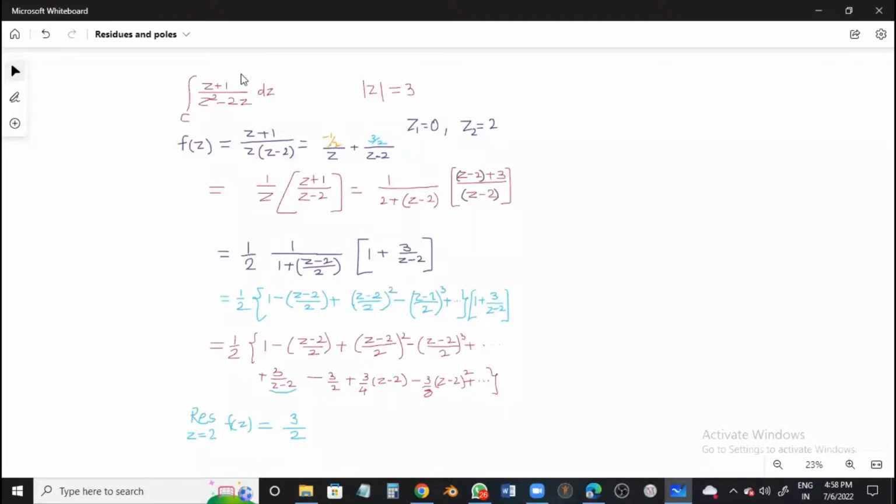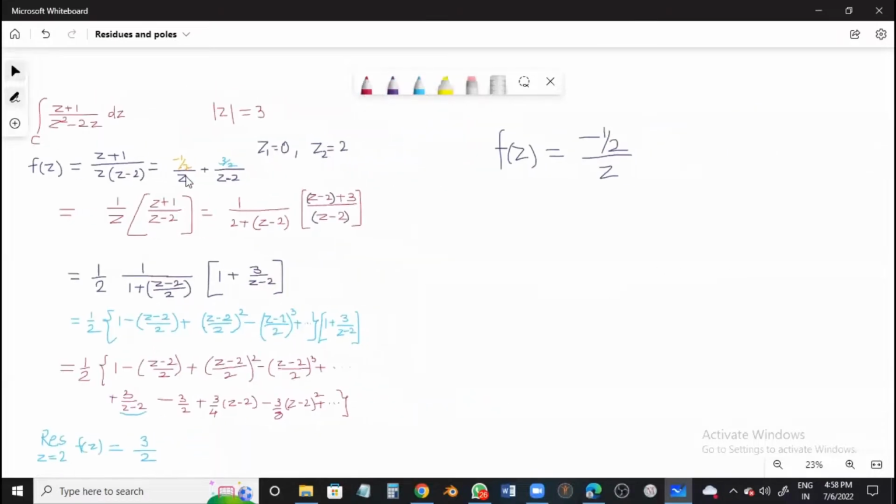So I can write the same f of z as minus half, which you have already calculated, upon z, plus 3 by 2 times, and you are taking minus 2 common from the denominator, so multiplied by minus 2, and I'm getting this as 1 upon 1 minus z by 2. Am I correct?